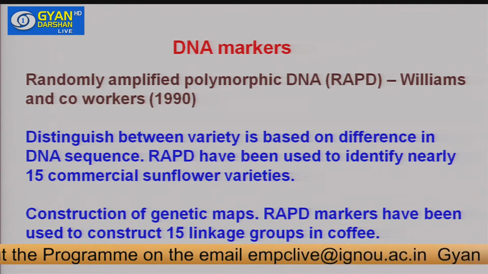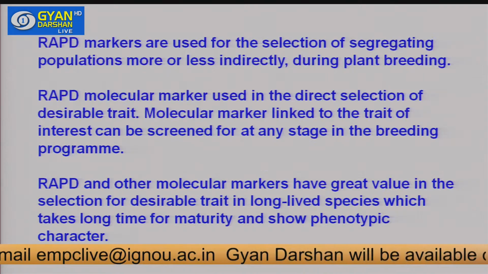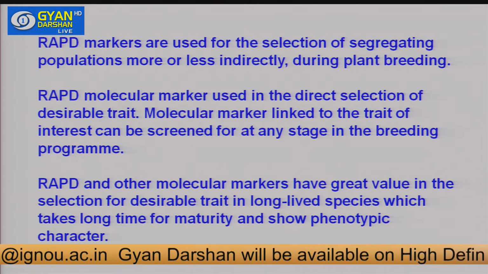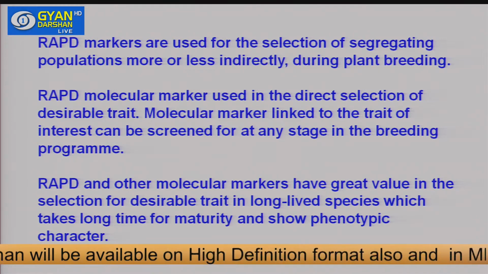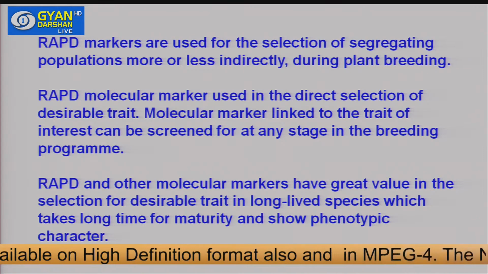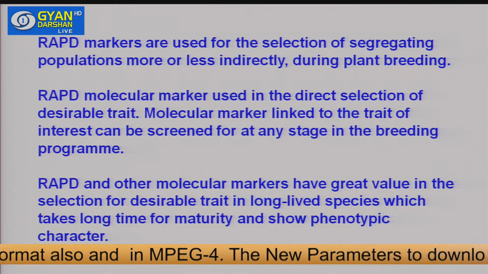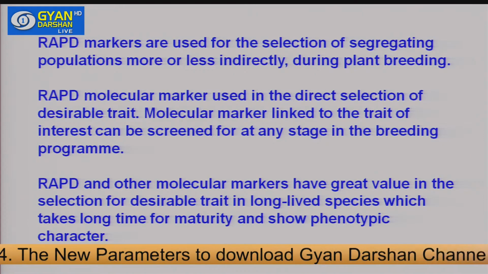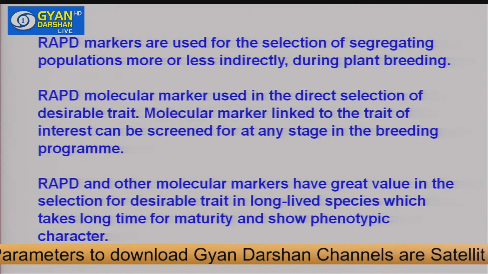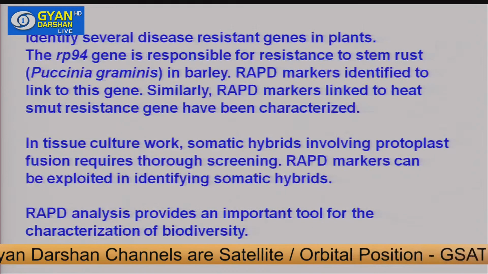RAPD markers have been used to construct 15 linkage groups in coffee. Then selection of segregating populations during plant breeding. Selection of desirable trait. Molecular markers linked to the trait of interest can be screened. And finally, they are also used for the identification of desirable traits in long-lived species, which take a long time for maturity and to show phenotypic characters.